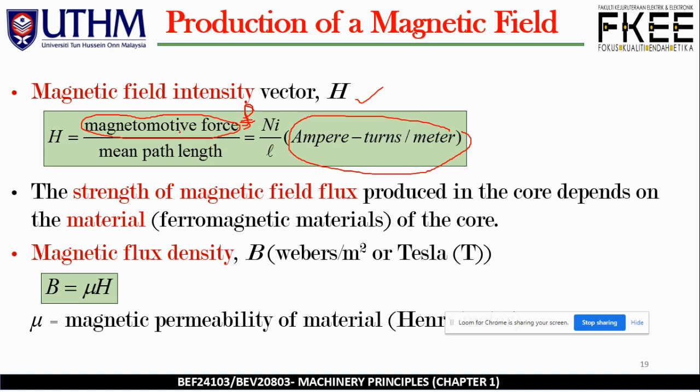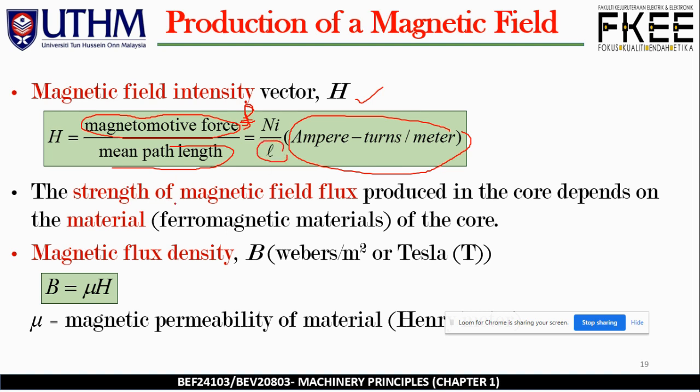So this is one way to measure the ability of the coil itself to produce a magnetic field. This is what we call magnetomotive force. And we have no problem with the mean path length, which is described as L.